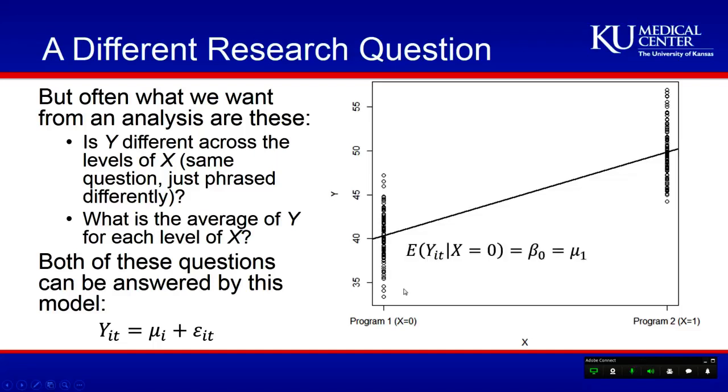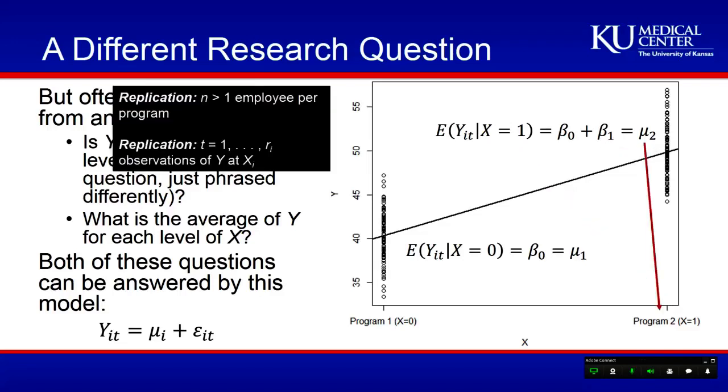So mu 1 is what the line predicts Y to be for program 1. And mu 2 is what the line predicts Y to be for program 2. And when I apply ANOVA as opposed to linear regression, I don't get beta 0s and beta 1s. I get mu 1s and mu 2s, which are the things that I want anyway.